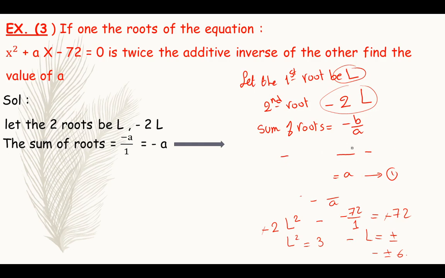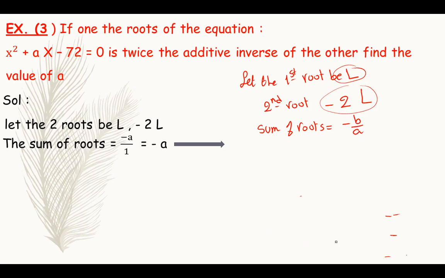We are going to erase first, then we are going to complete our solution. Okay, so now the sum of the two roots, we are going to add L minus 2L, which equals negative a.